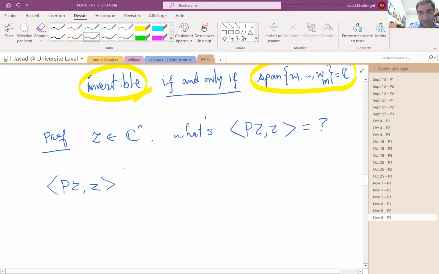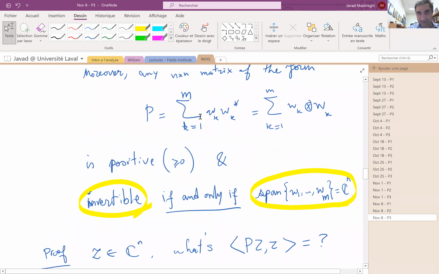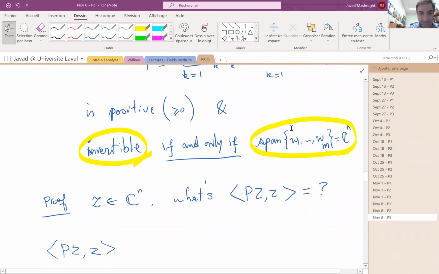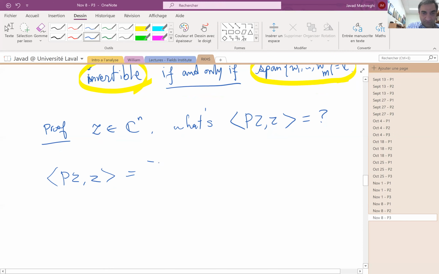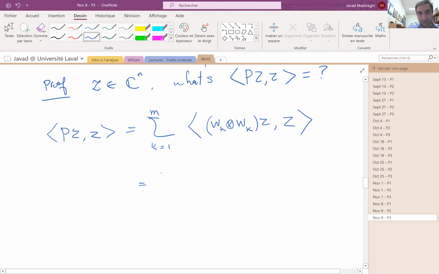So the inner product, for example if I use this, is equal to the sum k from 1 up to n of wk tensor wk acting on z and scalar with z. This is equal to the sum k from 1 up to n.